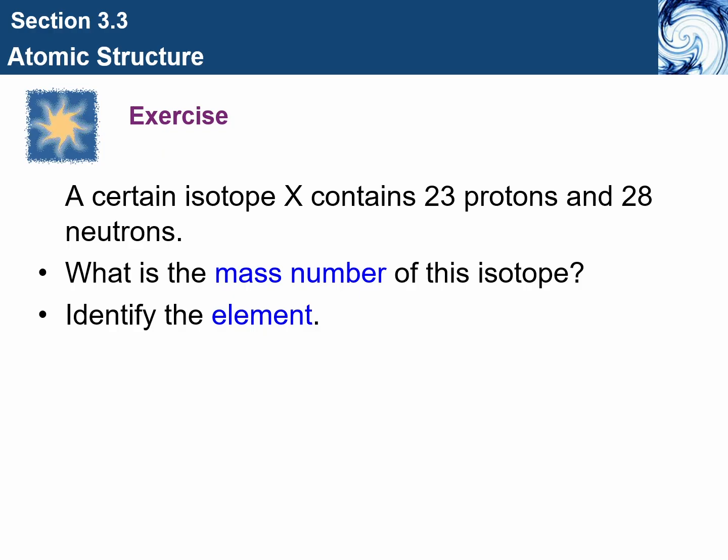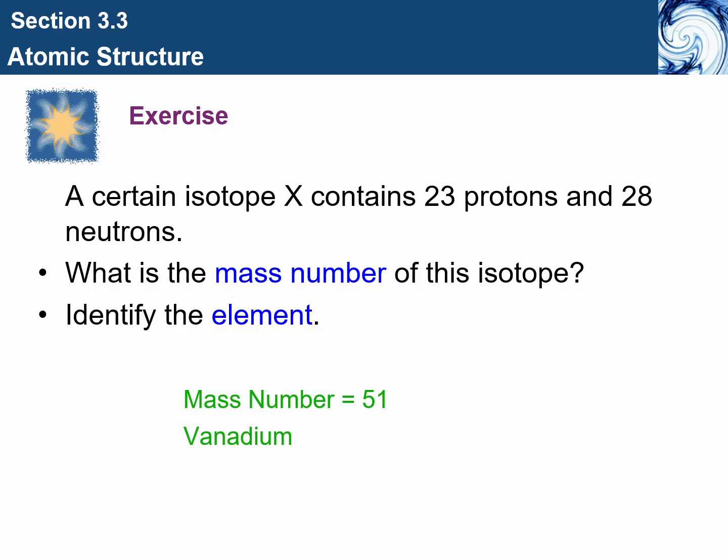Next, we would need to figure out how many protons that element has. It's 23. And then we're going to need to combine 23 and 28. That gives us 51. And what is the element that is number 23? Vanadium.